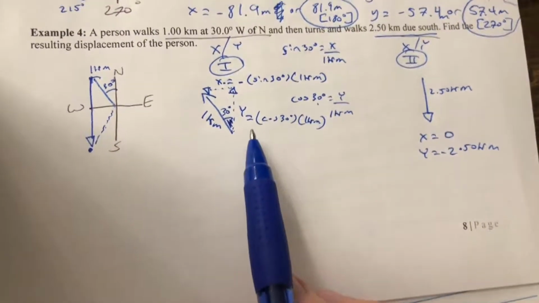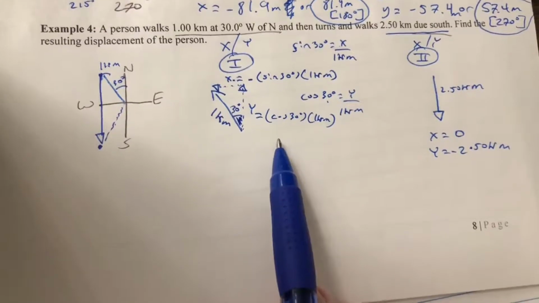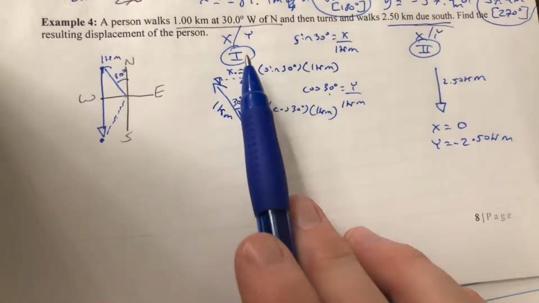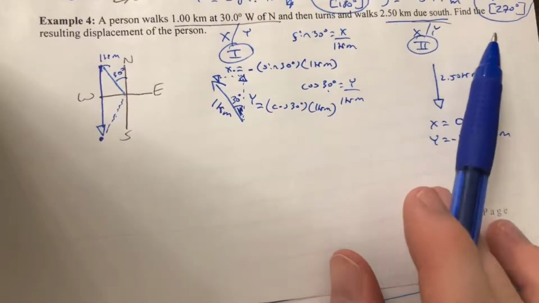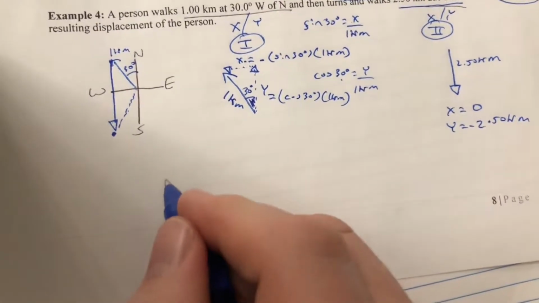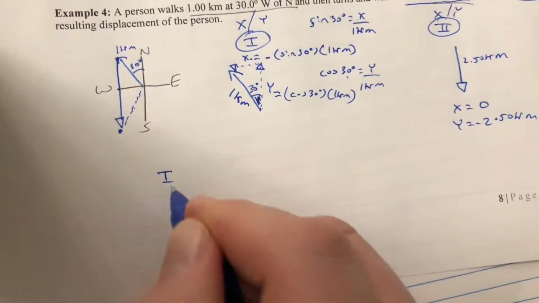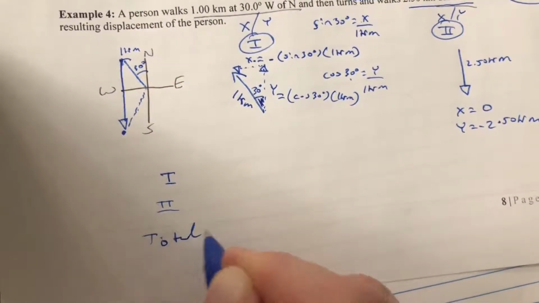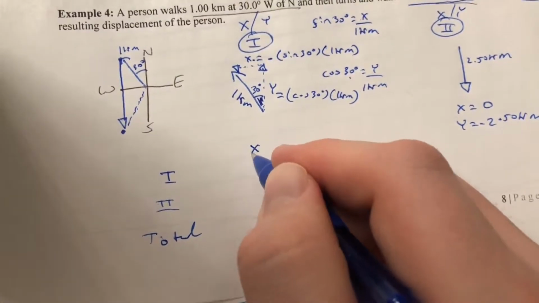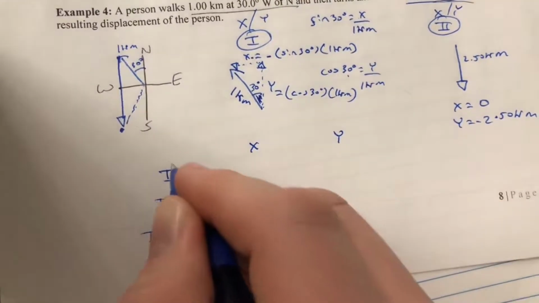So when you get to this section, the 2.2 homework questions, split up the parts of the trip into part 1 and part 2. I like to make a table at this point. So you have how many sections you have, 1, 2, and we'll say our total. And then we have our X, we have our Y.